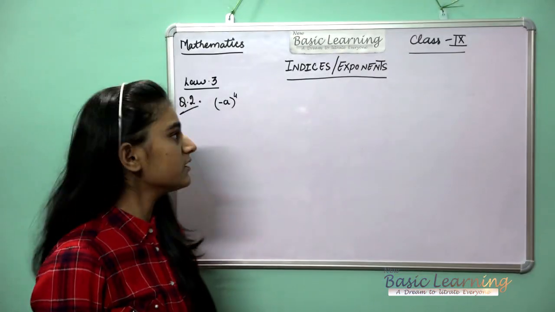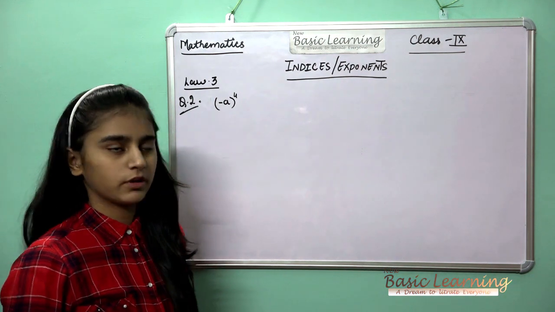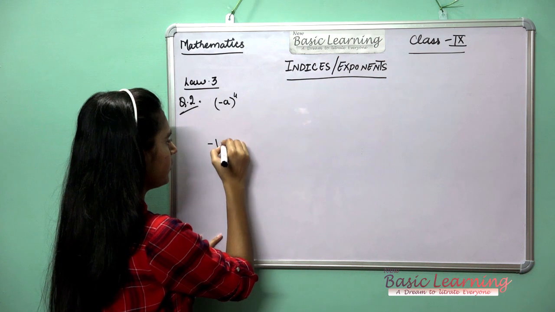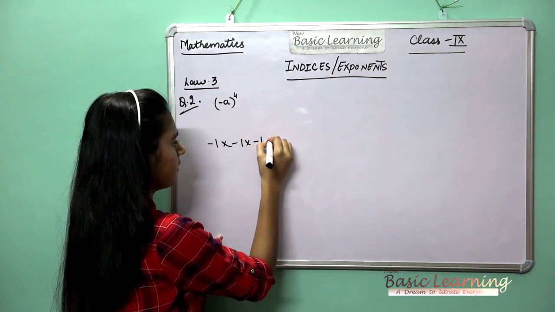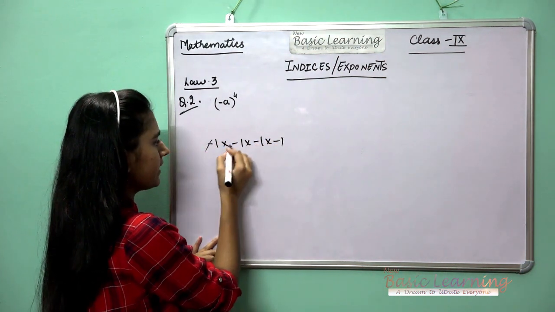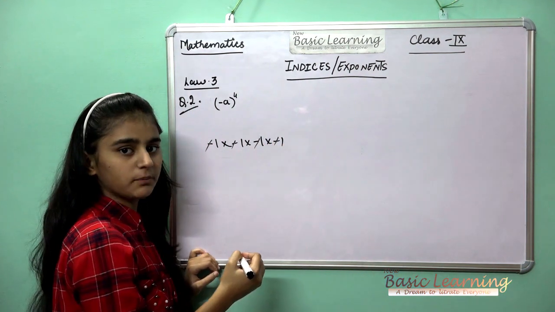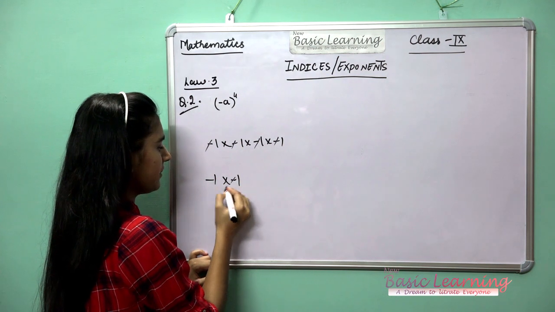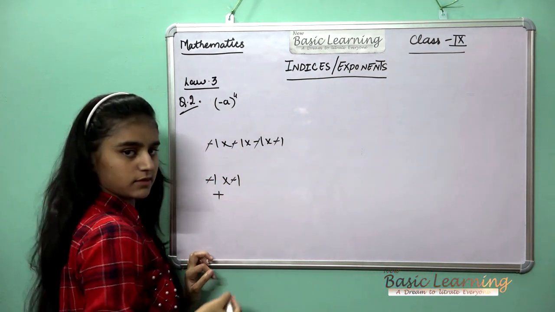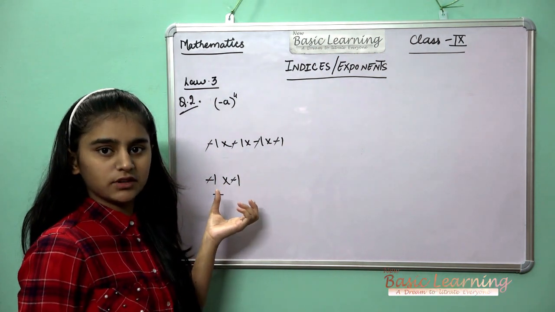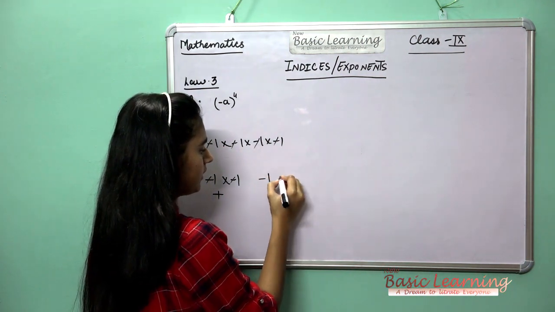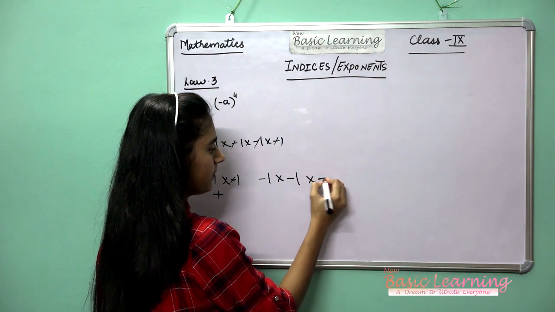Now let's solve the second question. The second question is minus a to the power 4. One thing I also want to clear: if you write minus 1 into minus 1 into minus 1 into minus 1, then minus is cancelled by minus. If you write minus 1 into minus 1, then minus cancels and you get plus. So there is nothing difficult to solve this. In the previous part I had written minus 1 into minus 1 into minus 1.